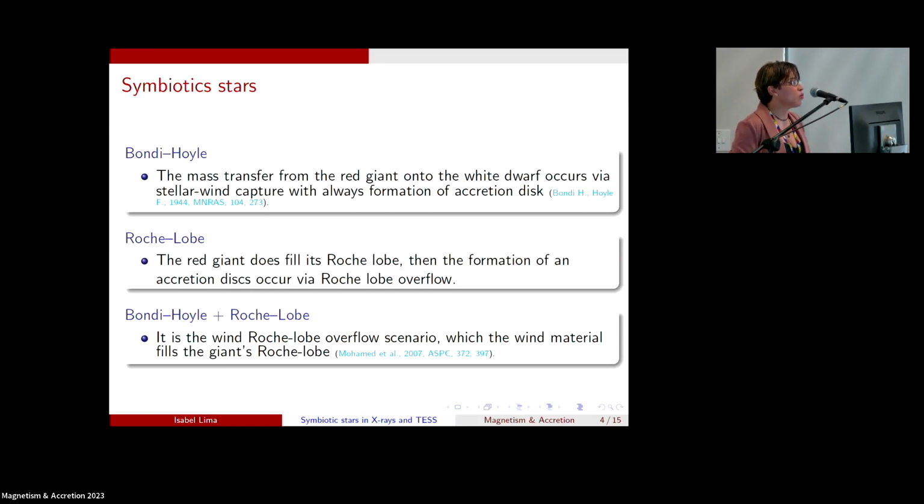The material from the red giants can be transferred via wind capture, Roche lobe overflow, similar to CVs, or wind Roche lobe overflow, with the stellar wind filling the Roche lobe.